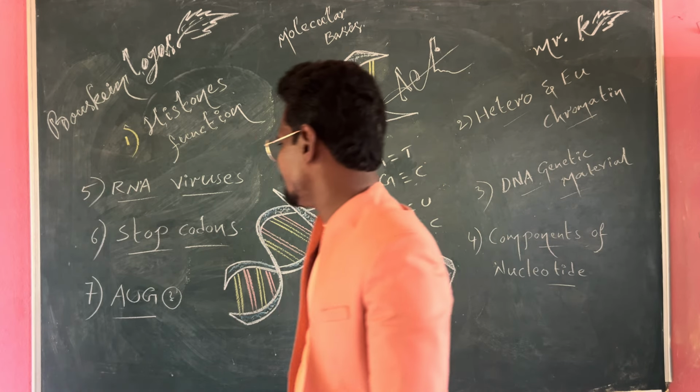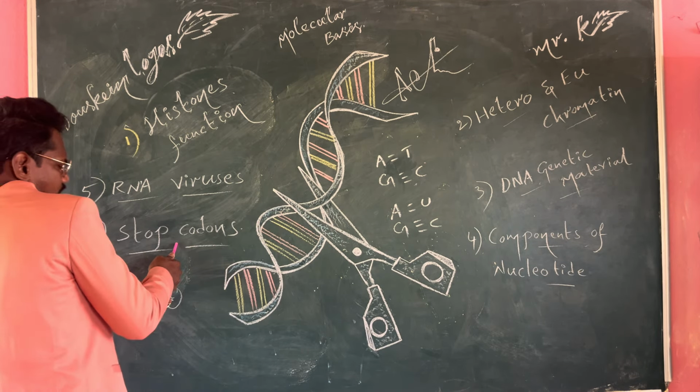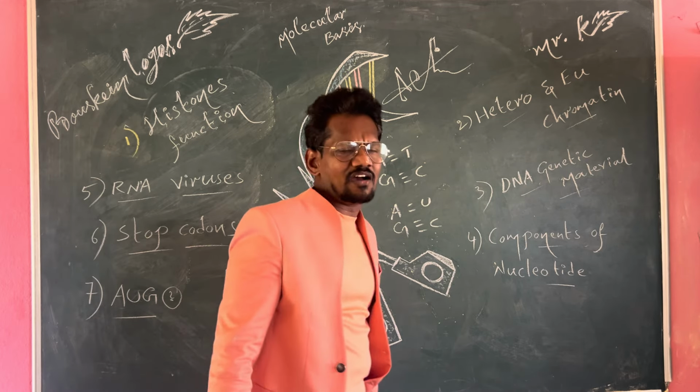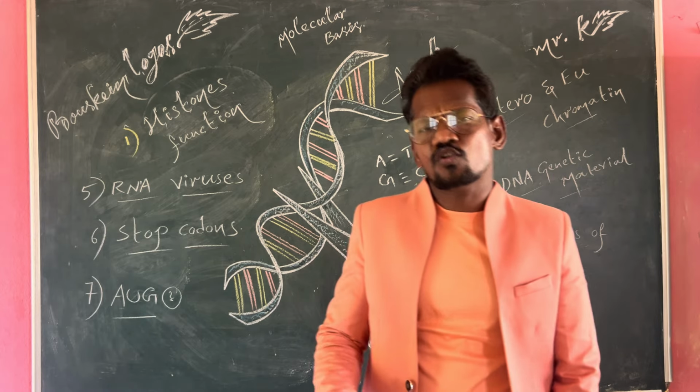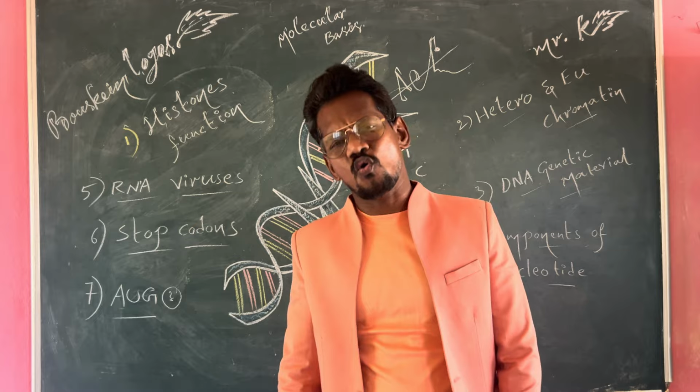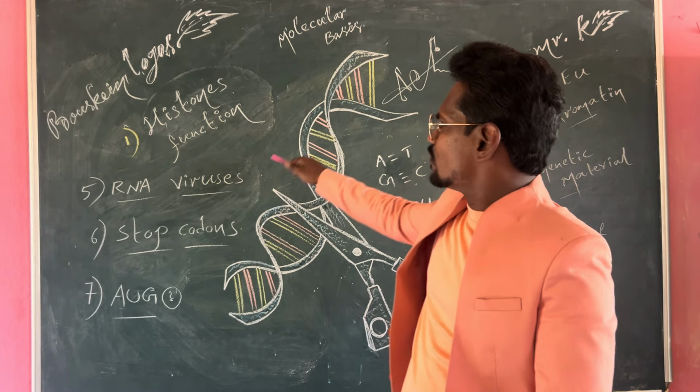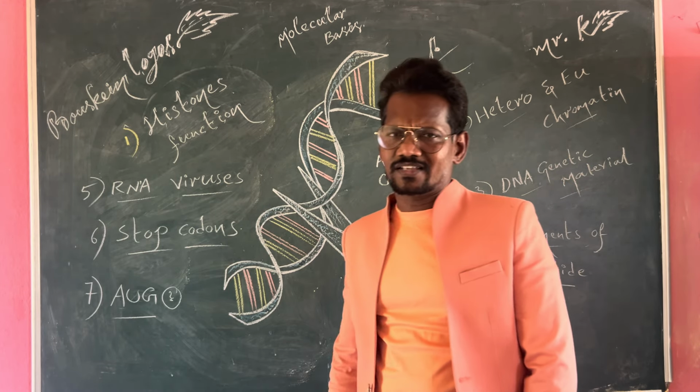Then followed by stop codons. In one video I have explained clearly about codons, nothing but the genetic code. Here around 64 codons are there.